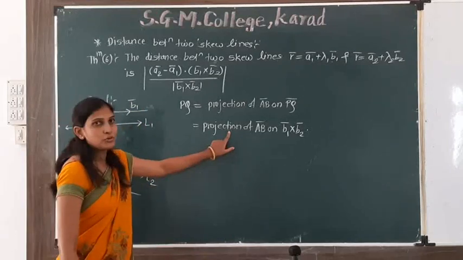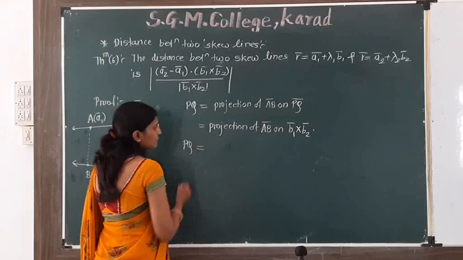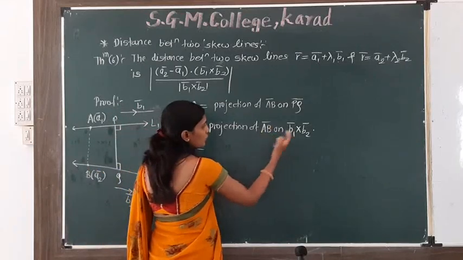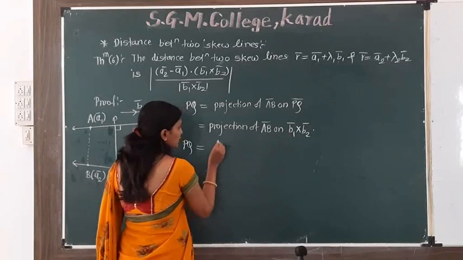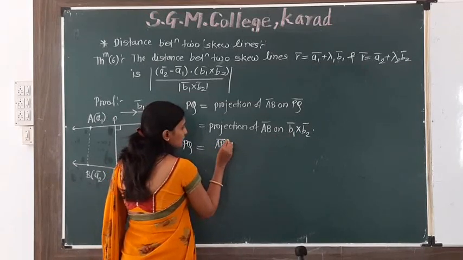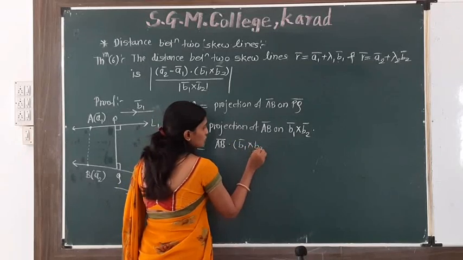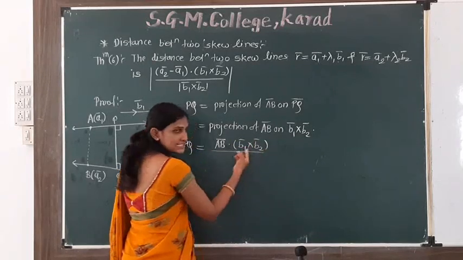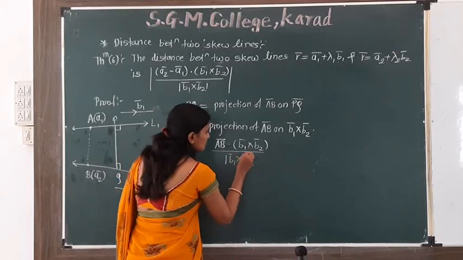Now by the formula for projection, PQ is equal to the projection of AB bar on B1 bar cross B2 bar. So we take the dot product, AB bar dot B1 bar cross B2 bar, divided by its magnitude, B1 bar cross B2 bar.